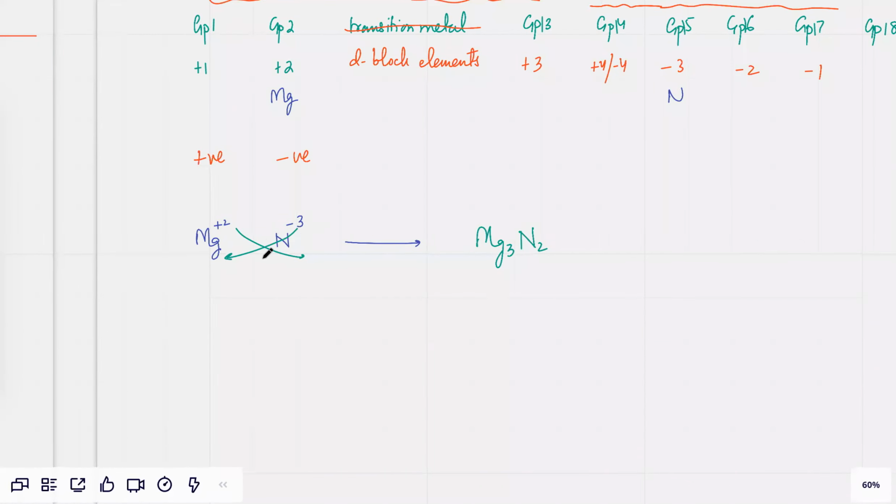The reason for that is crisscross is just a shortcut. The explanation is simple: Mg is losing how many electrons? It loses 2 electrons. I mean, it's got a charge of 2+. Nitrogen is gaining, it's got a charge of -3, so that means it's gaining 3 electrons.